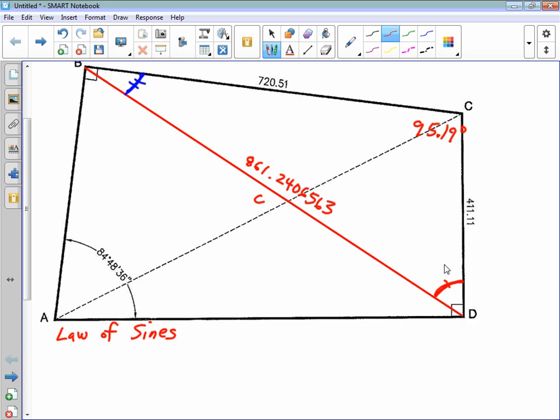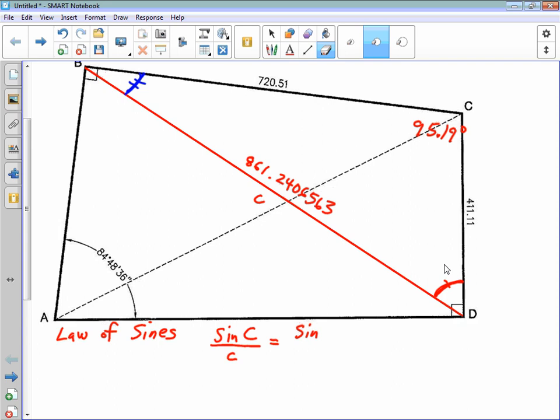From section 9.3, the law of sines was sine C over little c equals sine, well, let's say B up here, even though it's not B, it's really CBD.